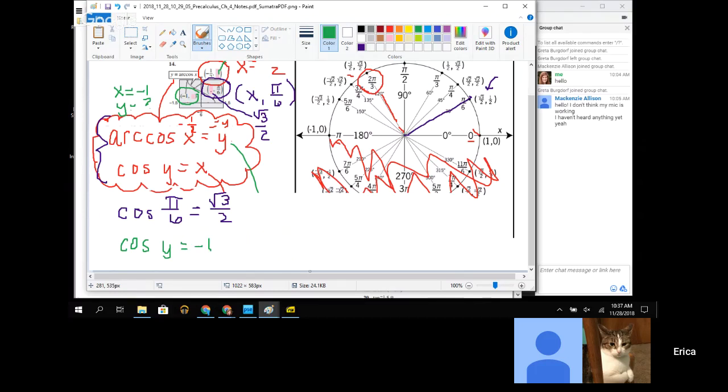Remember, your cosine is your x value, so the cosine of pi equals negative 1. That means that the arc cosine of negative 1 equals pi. So the solution for this one would be pi.